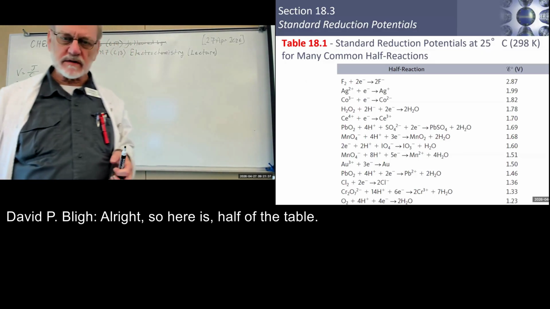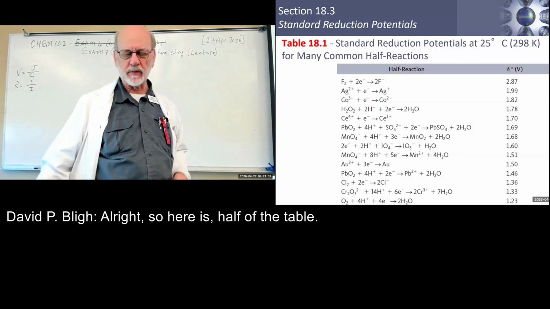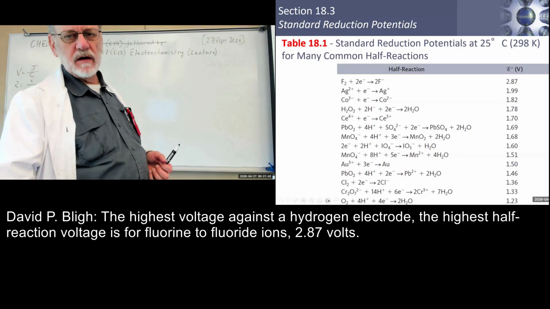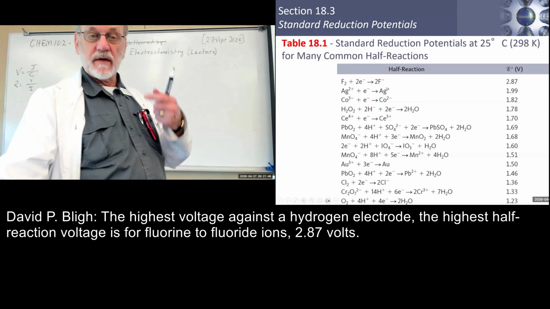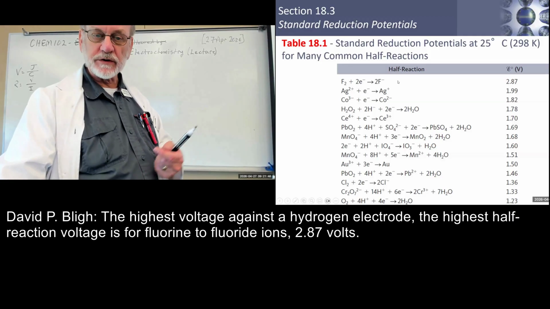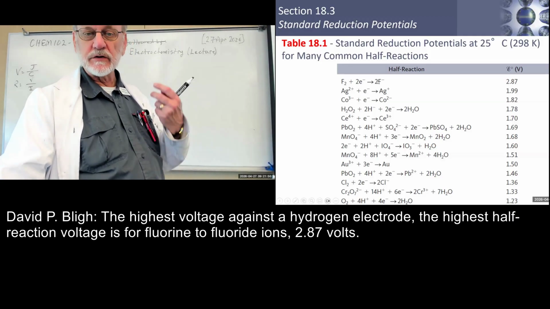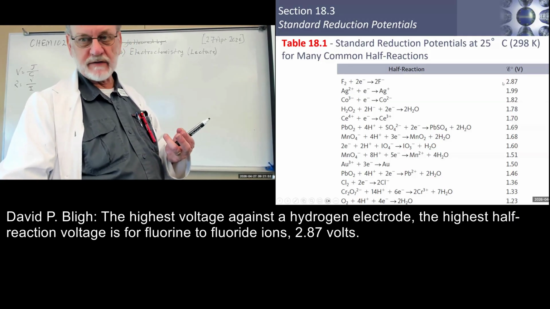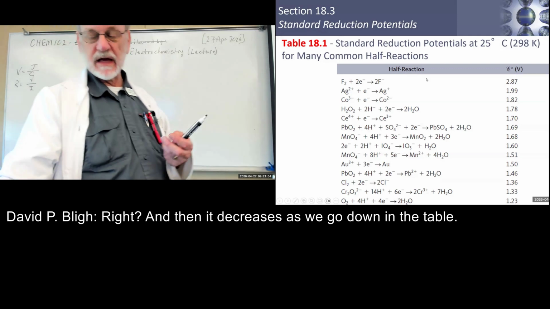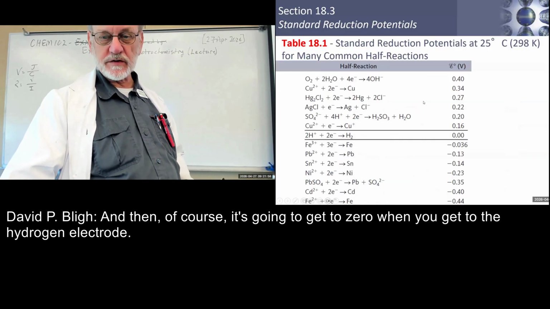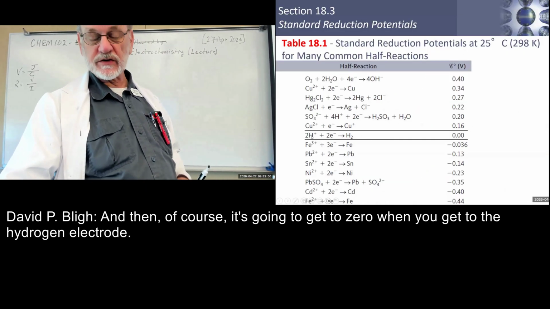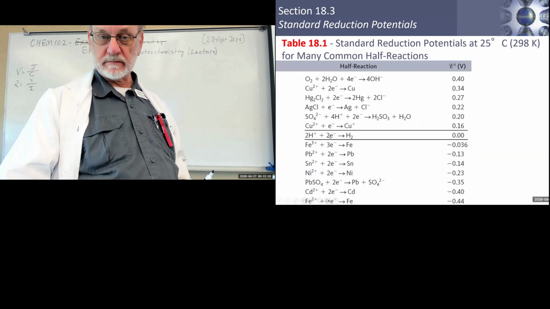Right. So here is half of the table. The highest voltage against a hydrogen electrode, the highest half reaction voltage, is for fluorine to fluoride ions, 2.87 volts. Right. And then it decreases as we go down in the table. And then, of course, it's going to get to 0 when you get to the hydrogen electrode.